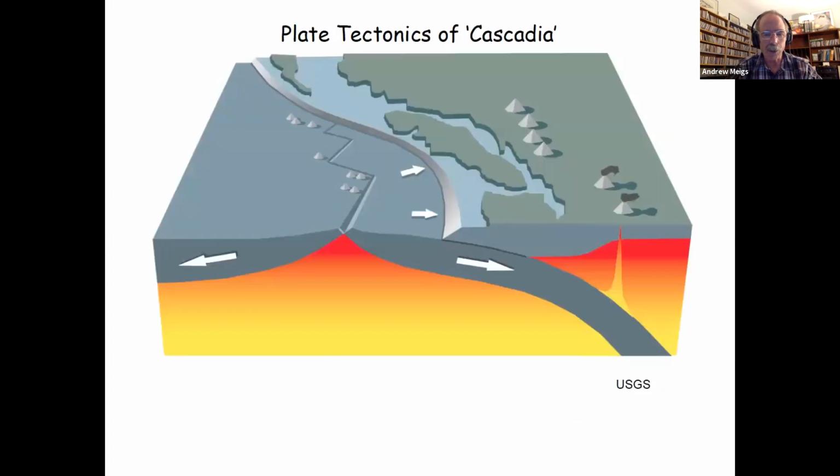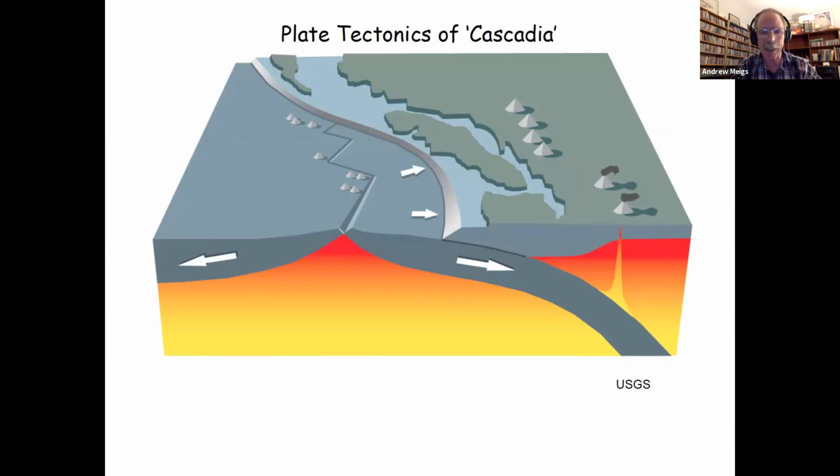Now, I'm confident, but cautiously so, that we all are on the same page about the plate tectonics of the Pacific Northwest, but I think a short primer will help seed the discussion that I'm going to show you tonight.